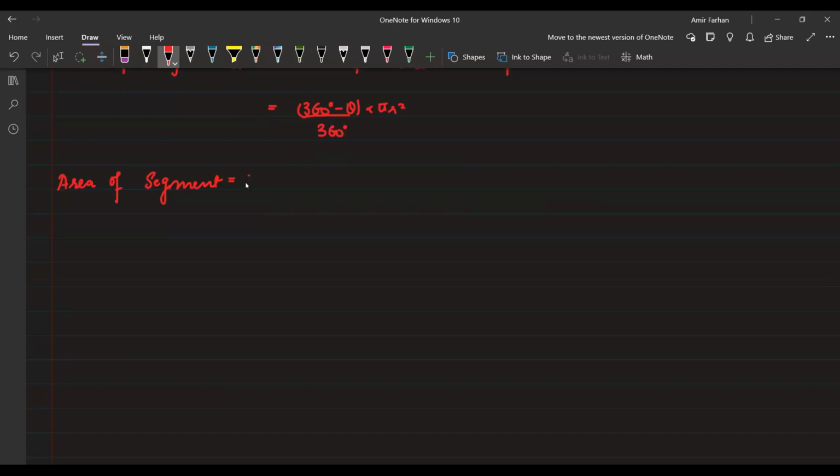The area of segment equals the area of sector minus the area of triangle. Clear to you, Gianna?